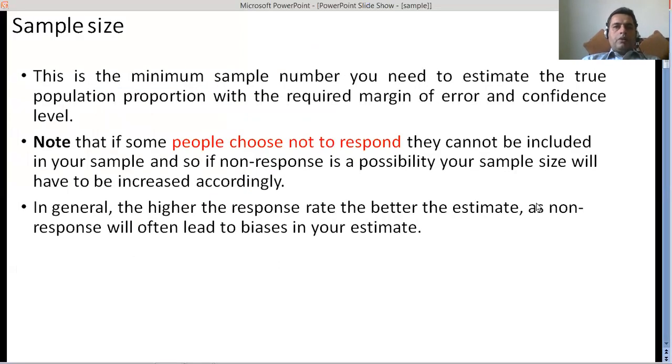So to start with, what is the sample size? This is the minimum sample number you need to estimate the true population proportion with the required margin of error and confidence level.